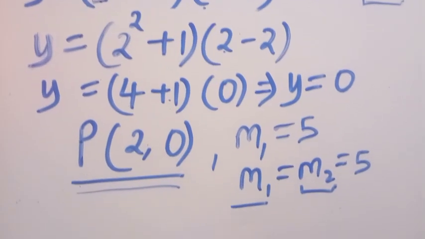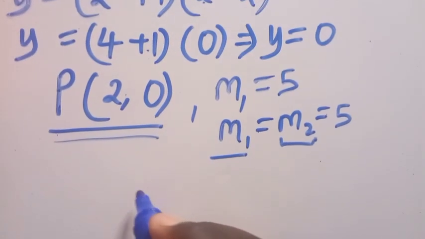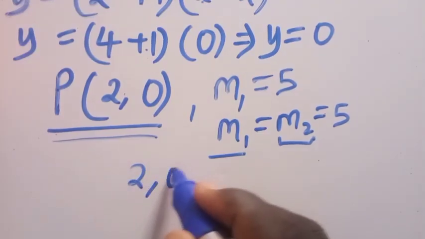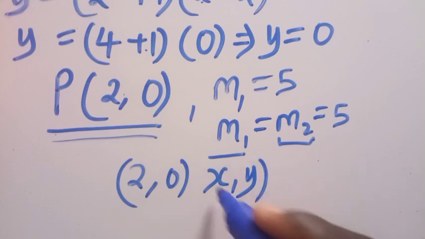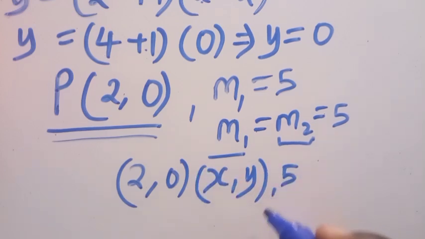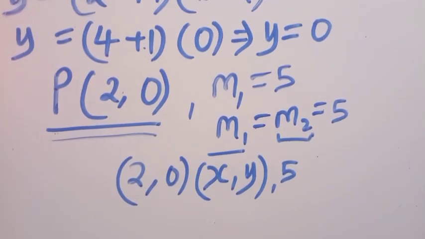Now, in this case, we shall just take the coordinates 2, 0, and the general point x, y, and the gradient, which is 5. Then we proceed to find the equation.